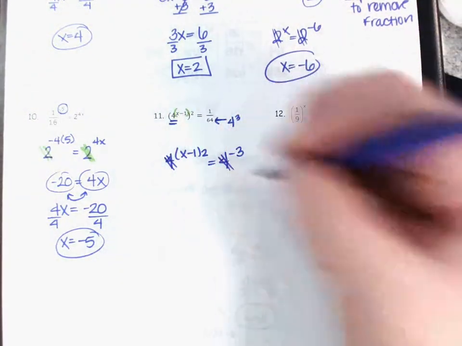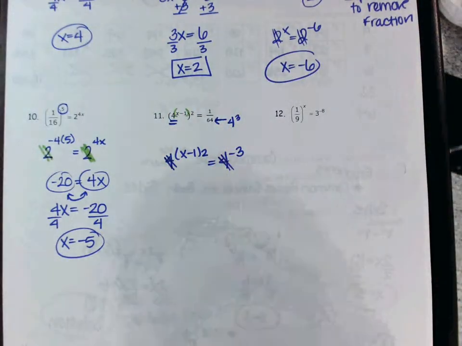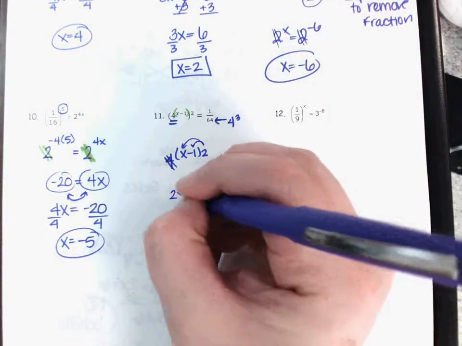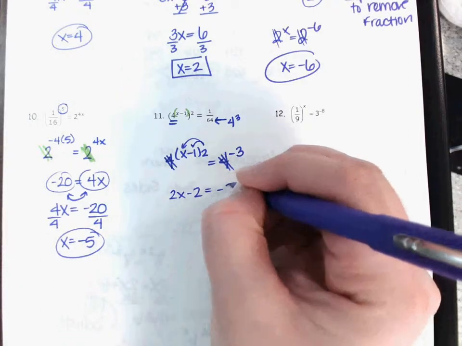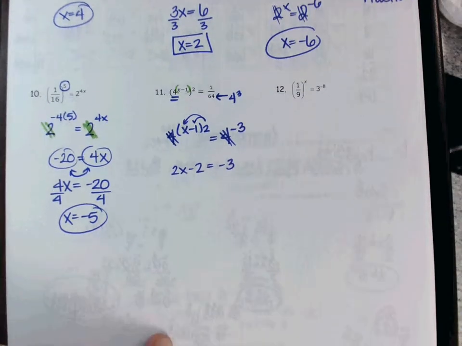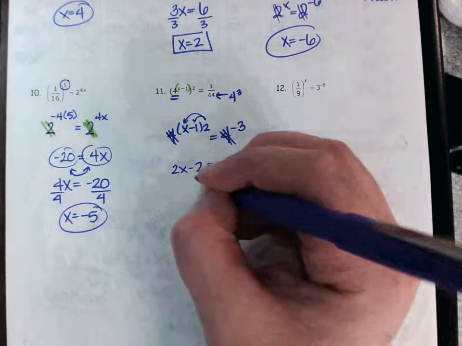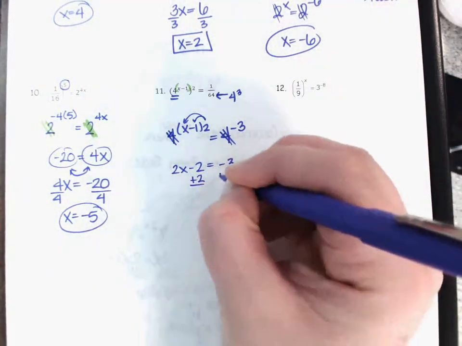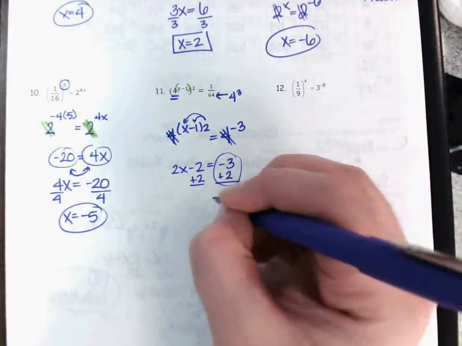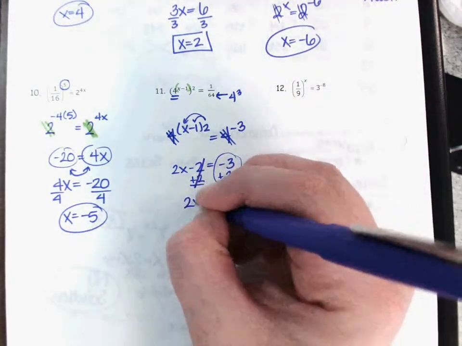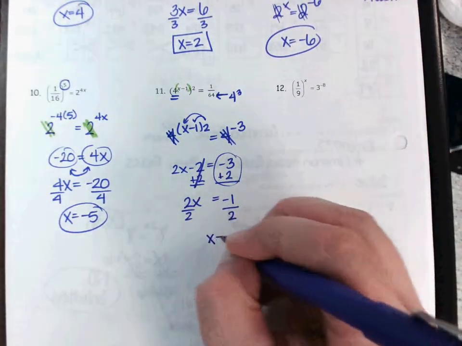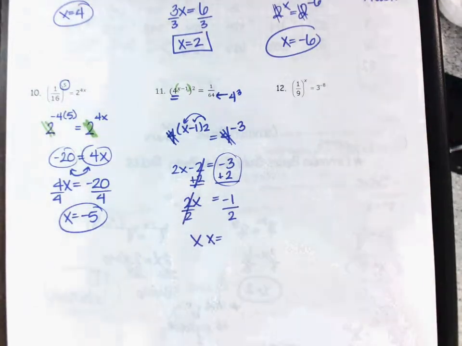So 4 and 4 are gone. 2x minus what? Minus 2. And then equals minus 3. And then from there you just keep solving. So to get rid of the minus 2, I add 2. Negative 3 plus 2 is negative 1 on that side. And then last step, if it's a 2x. So I get x equals, my 2's cross out.